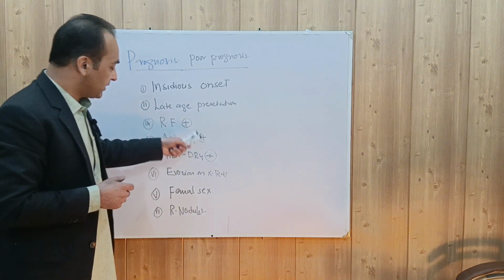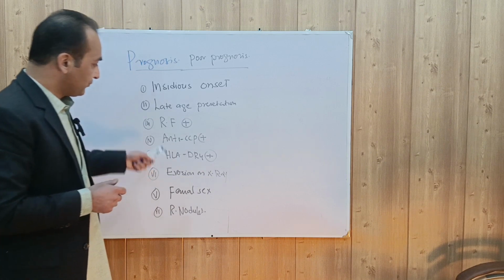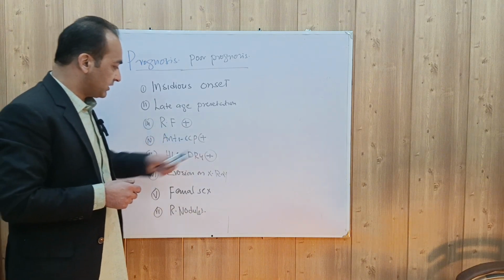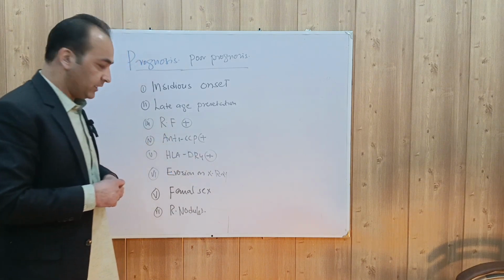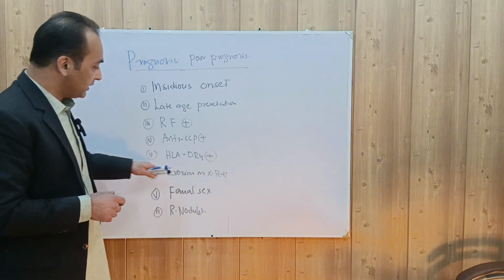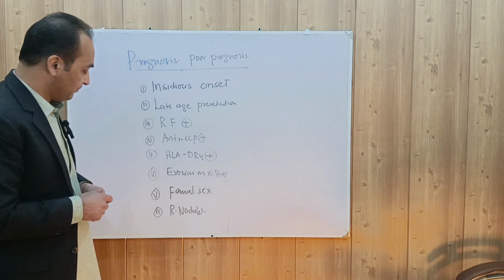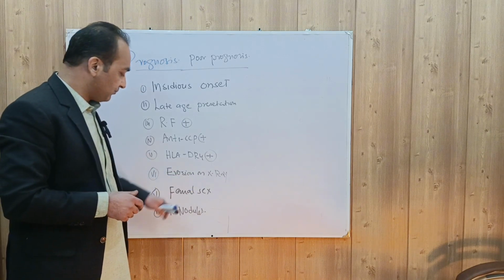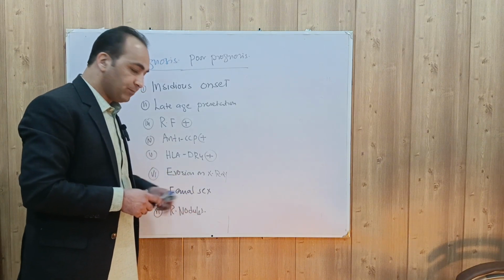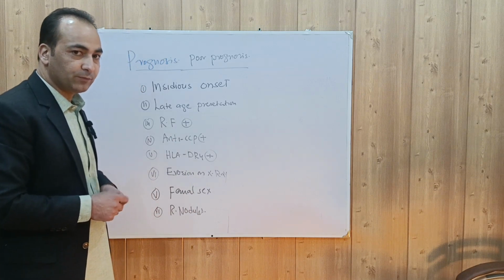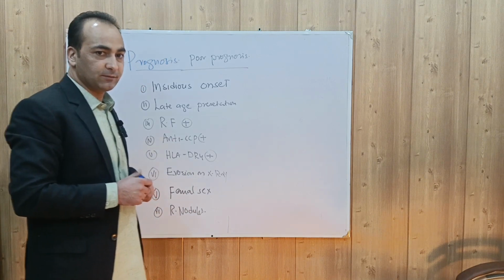Anti-CCP positive is a poor prognostic factor. HLA-DR4 positive is having a poor prognostic indication. And early erosion on X-ray is also an indication of poor prognosis. Similarly, female sex and rheumatoid nodule, if present, also indicate poor prognosis in rheumatoid arthritis.